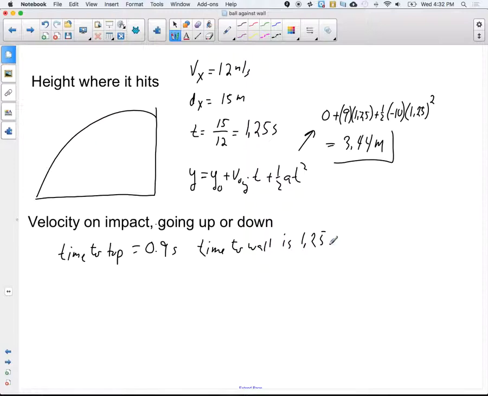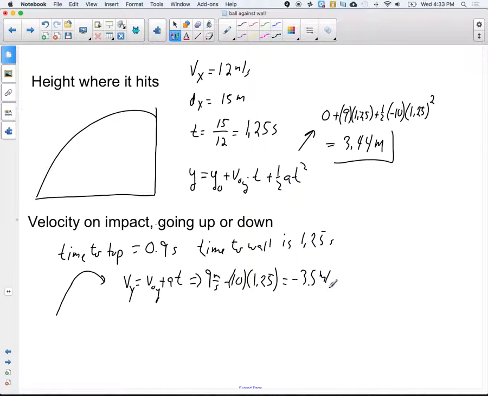We can also confirm that by saying the velocity at that point is v0y plus at. That's going to look like 9 meters per second minus 10 times 1.25. And if I do that out, I get minus 3.5 meters per second, so it's clearly going down.